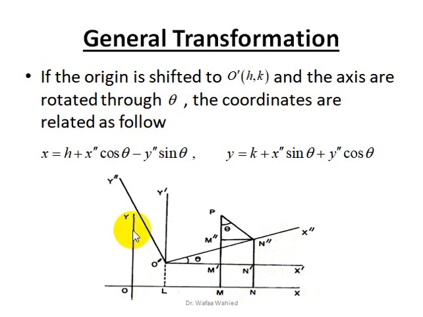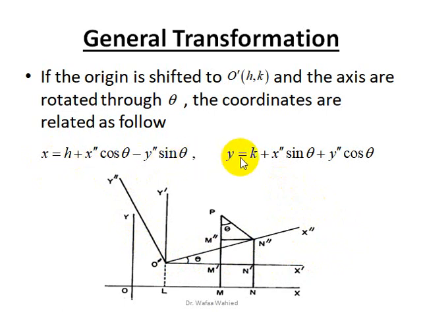This is the xy plane through the point O. If we transform this xy plane to another plane, x dash y dash, through the point O dash, the origin O is shifted to another point O dash (H, K). So we have new axes called the x dash axis and y dash axis. Second, we will rotate the x dash y dash plane through an angle theta in anti-clockwise, and we will have another plane called the x double dash y double dash plane.